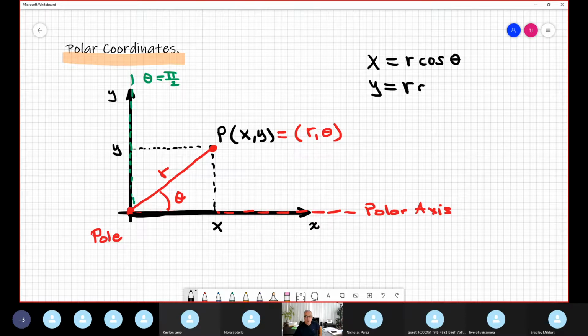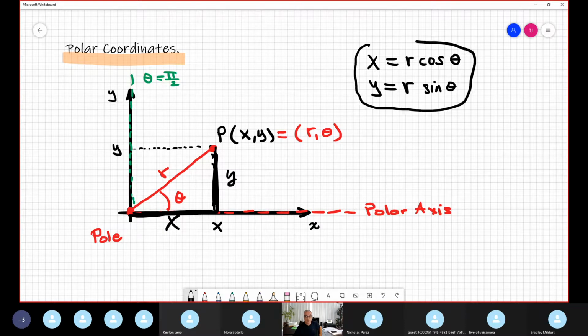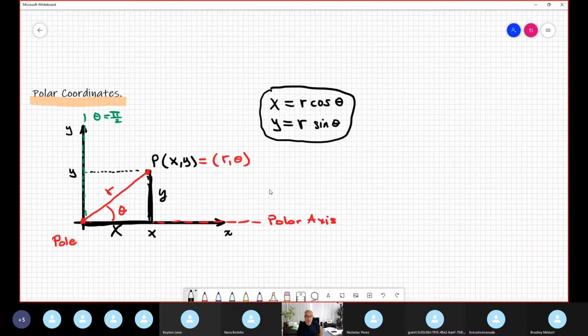And y is equal to R sine theta, because sine is the ratio between the opposite, y, over R. And this is the equation that allows me to convert from polar to rectangular, or Cartesian, it's the same idea. So when you have in your hand theta and r, and you want to go to the xy, you use this equation. I plug it in, bam, bam, that's it.